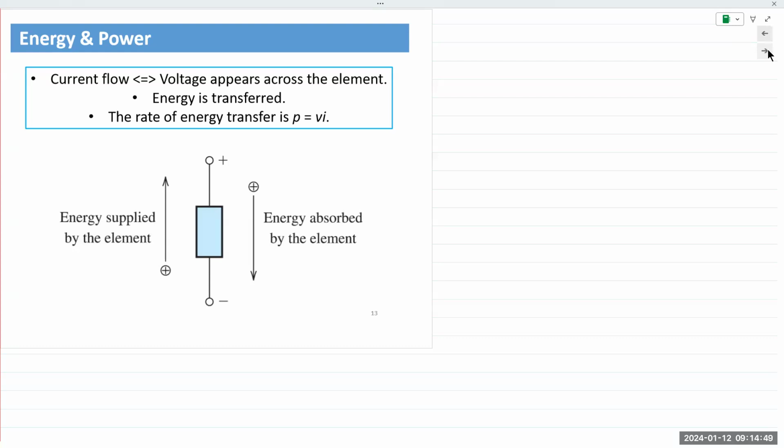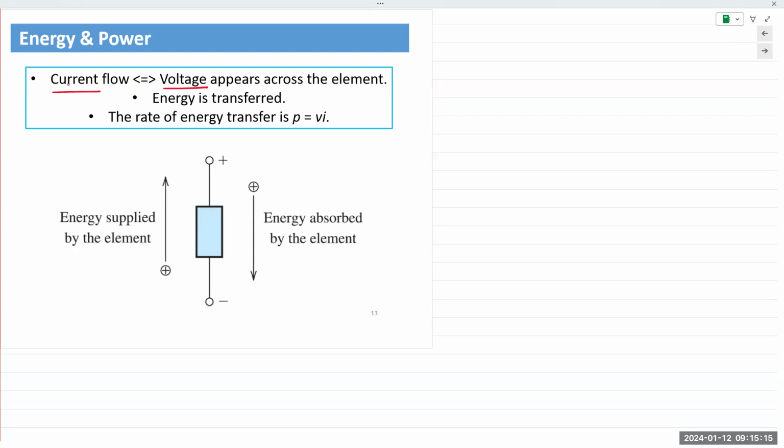Again, if a source is supplying some energy, a lot of it is consumed by the load. The load could be resistors, capacitors, inductors, transistors, solid state devices. Along with it, a lot of it is lost as heat. So when it comes to an electrical circuit, as I said, current and voltage are always together.